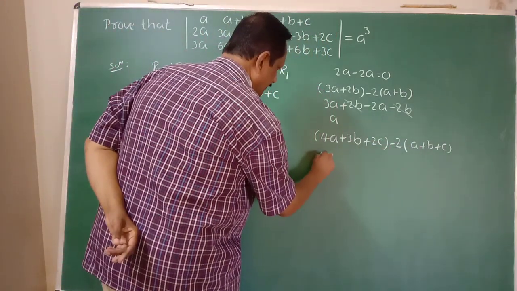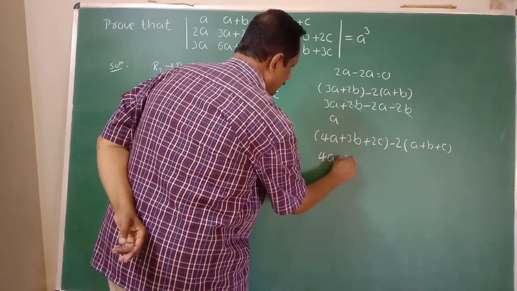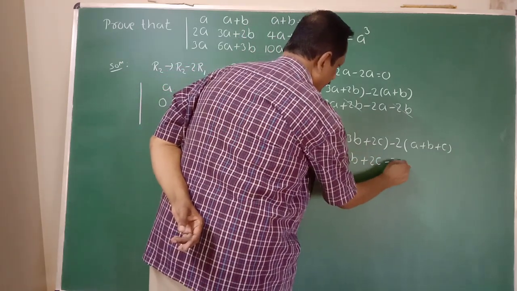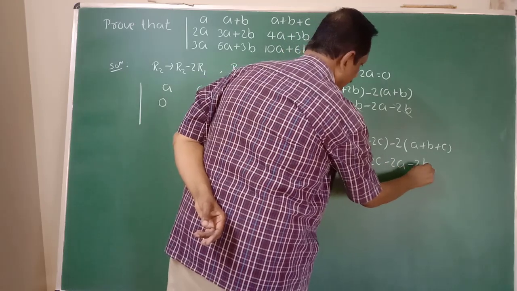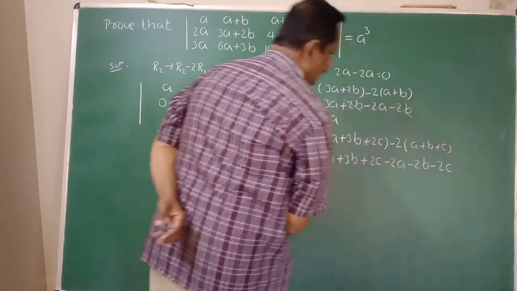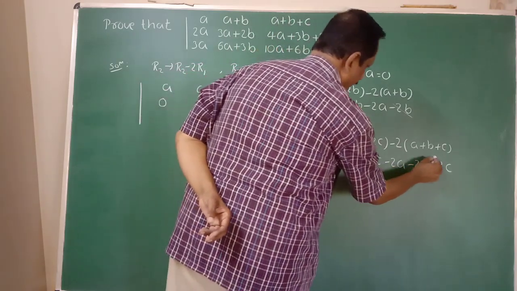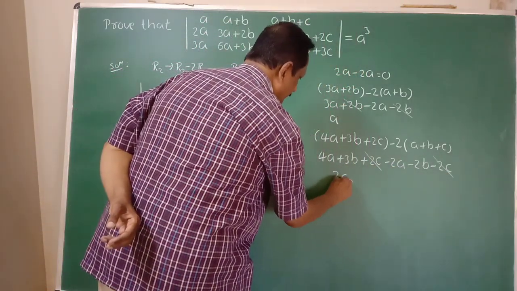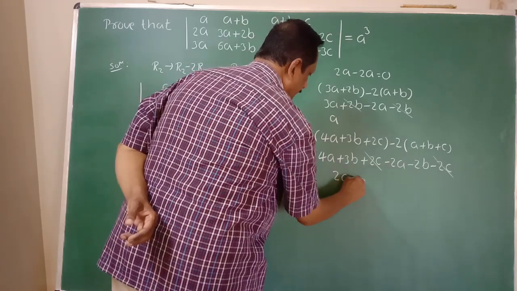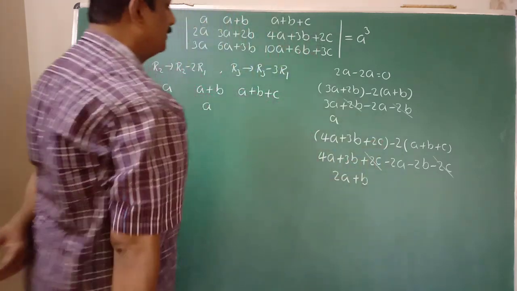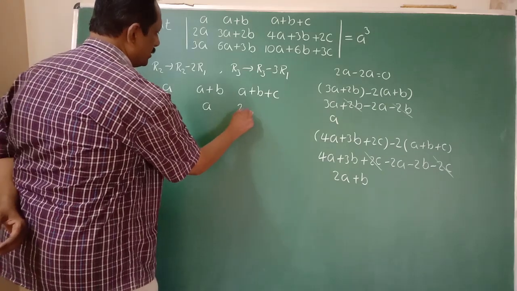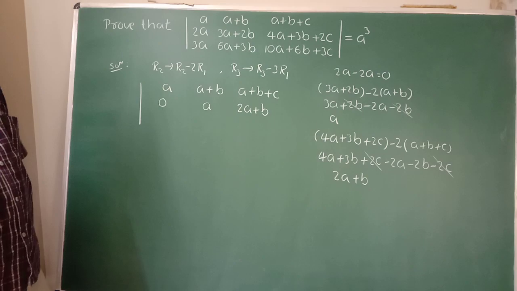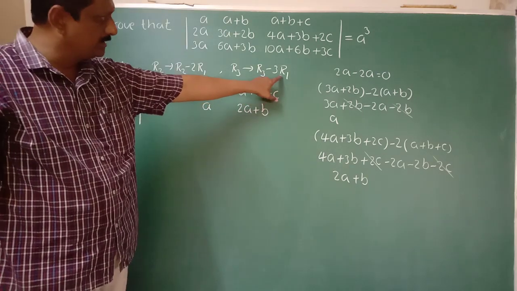Hence 4a plus 3b plus 2c minus 2a minus 2b minus 2c; 2c minus 2c cancels. 4a minus 2a becomes 2a, 3b minus 2b is b. So write here 2a plus b. Similarly, multiply by 3 and subtract in the third row.